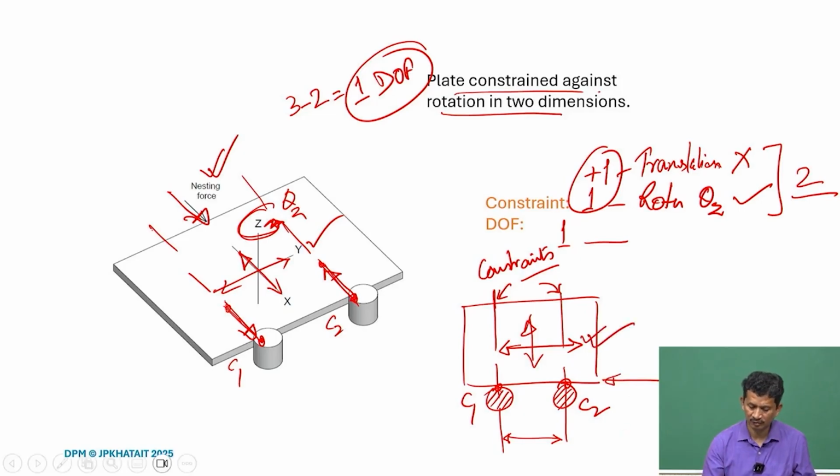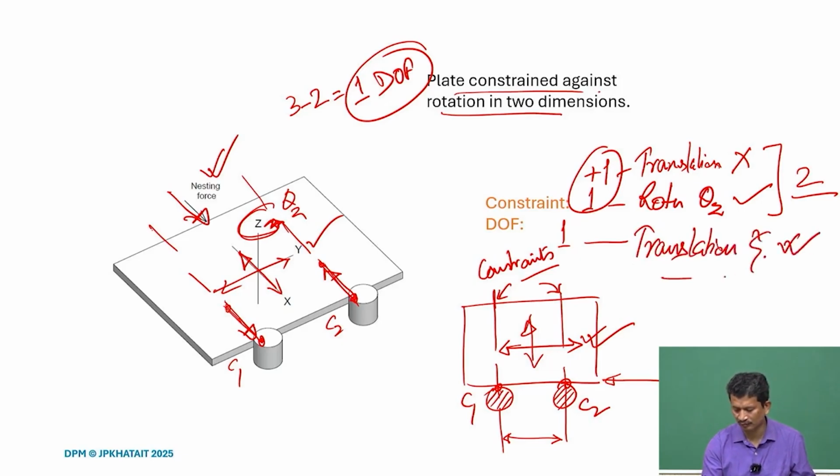Therefore, the degree of freedom in this case is translation in y direction. So, one contact, one constraint, 2 degrees of freedom; 2 contacts, 2 constraints, we have 1 degree of freedom.